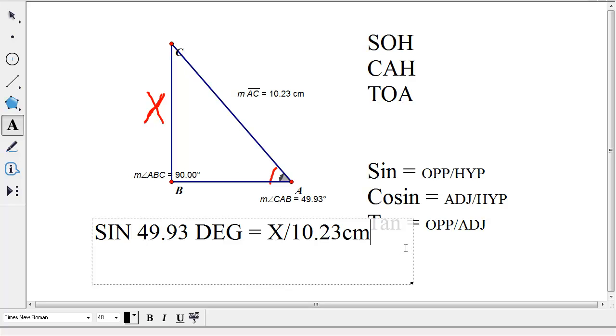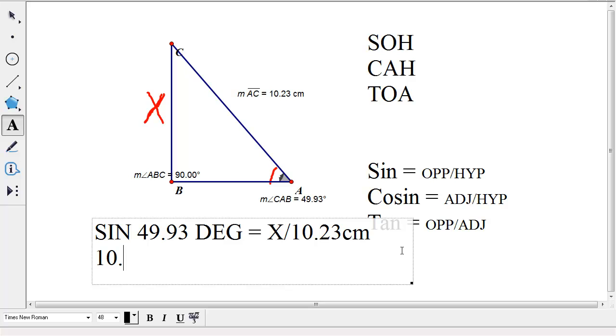The next thing we have to do is try to get X by itself. To do that, we multiply both sides by the denominator, 10.23 centimeters.